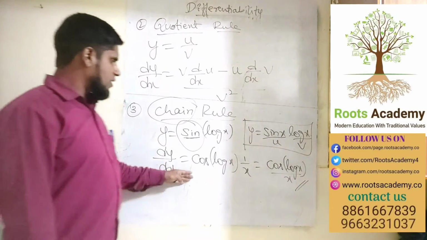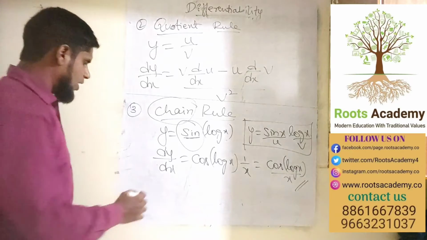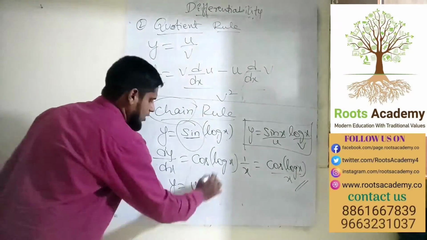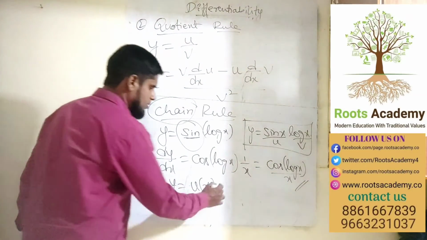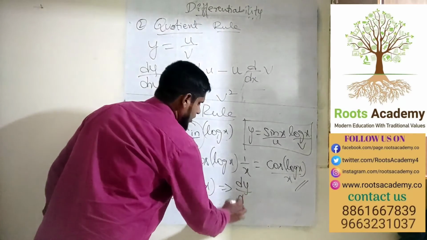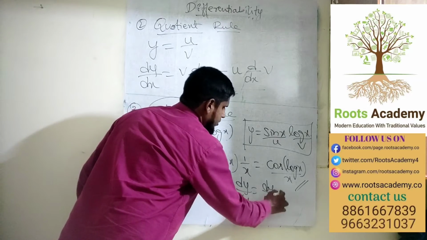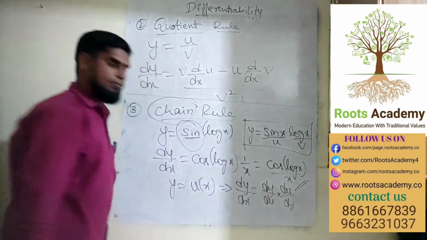So student, like this we can differentiate using the chain rule concept. Chain rule is, if suppose I have a function like this, y is equal to u of x, where x comes under u, then this can be differentiated as dy by dx is equal to dy by du into du by dx.